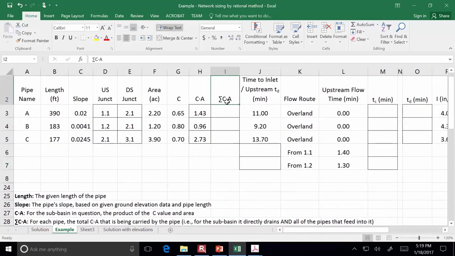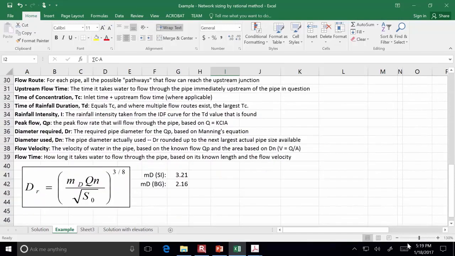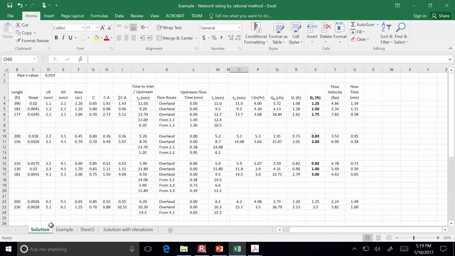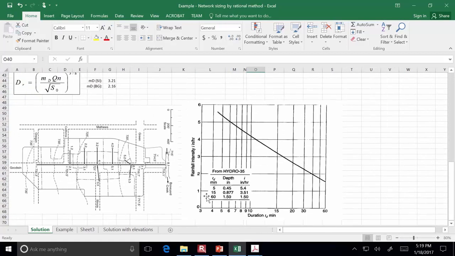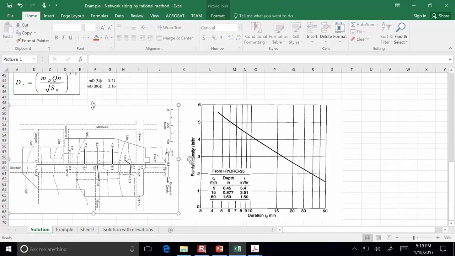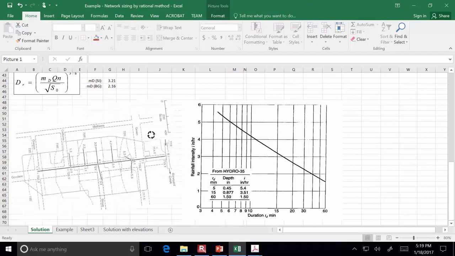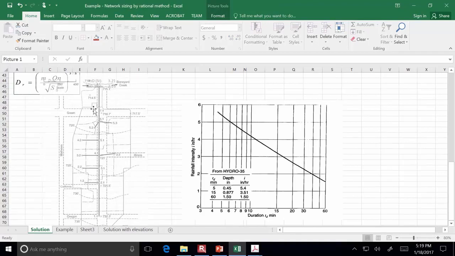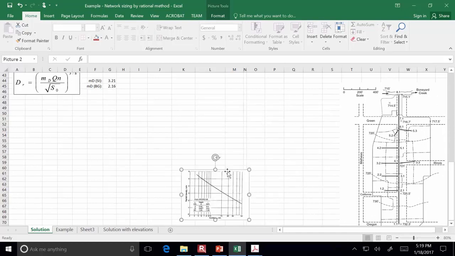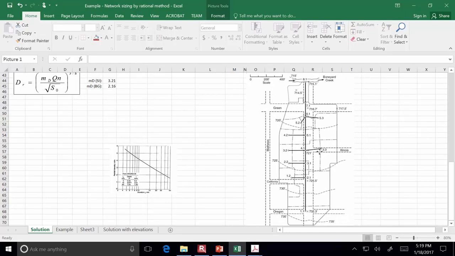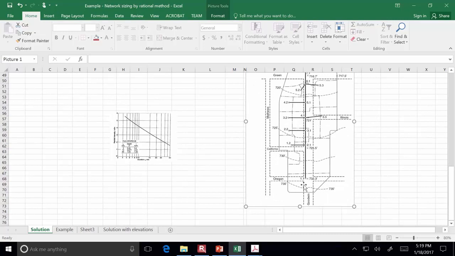Now, some of the columns, like this sum of the CA, it really only makes sense if you're designing a big area. And let me show you the full map. What you have on your handout is much smaller than the actual full system. For purposes of making this example a little bit shorter than it usually is, here's the full map. It's a lot of pipes.